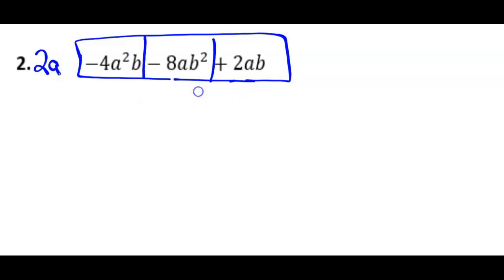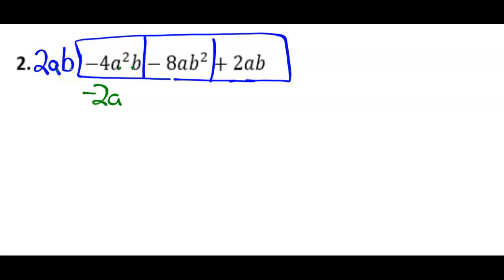1 B, 2 B's, 1 B. You see where that's coming from? I'm looking at the exponent and 1 B. And that's what I'm going to divide by. So negative 4 divided by 2 gives me negative 2. A squared divided by A gives me A. And my B's are going to cancel.